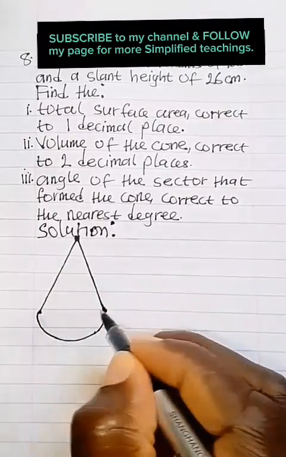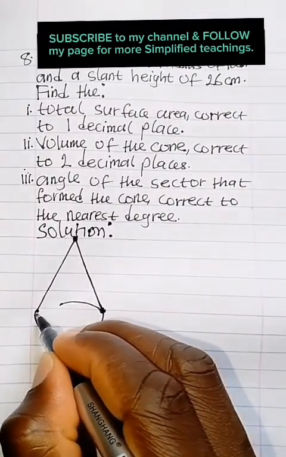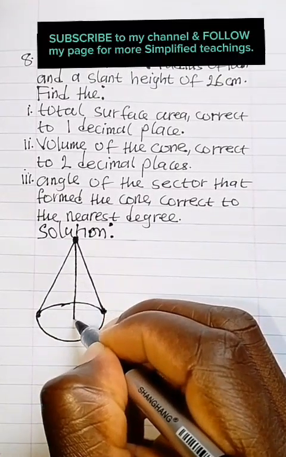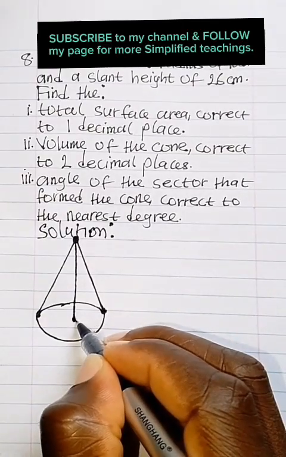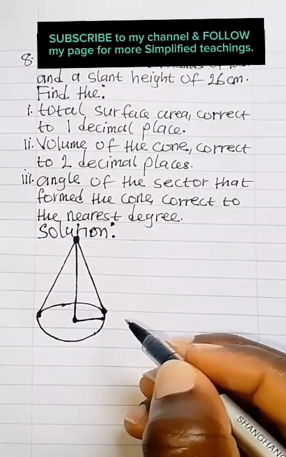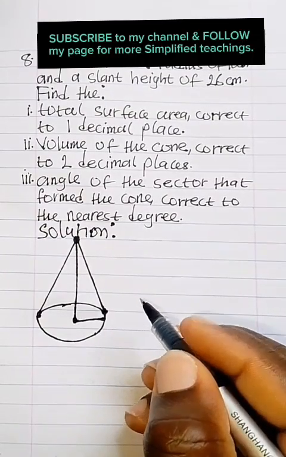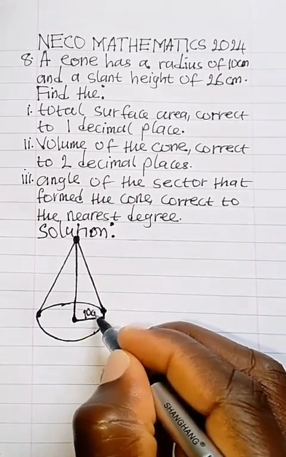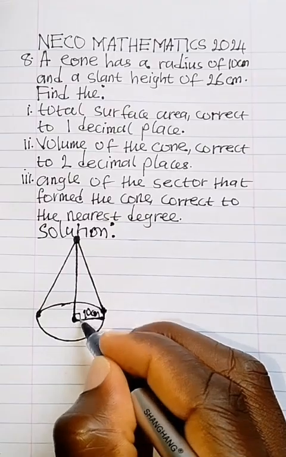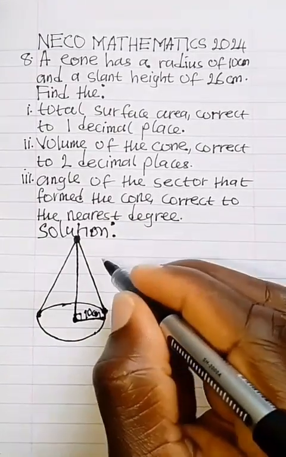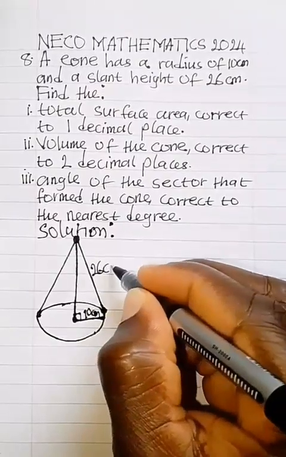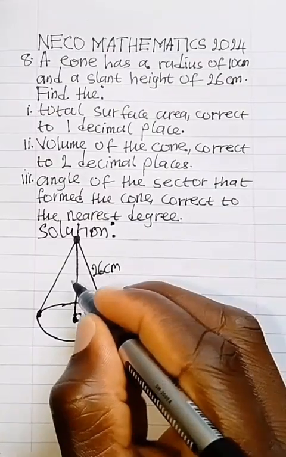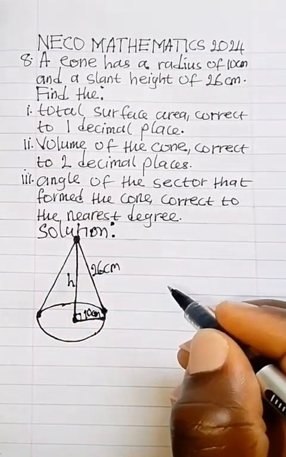This is the height of the cone, then the base radius. From the question, the radius is 10 cm. We have a right circular cone. The slant height is 26 cm, while the main height h is unknown.